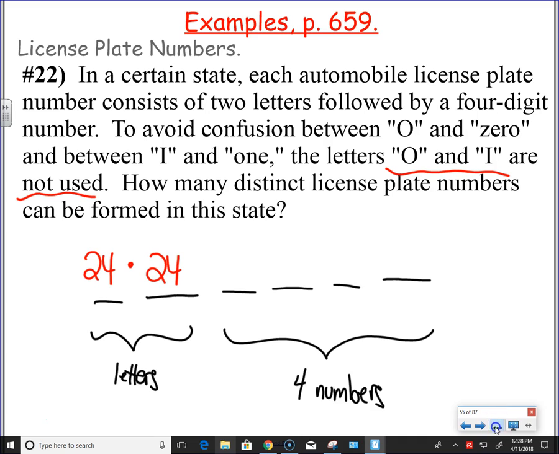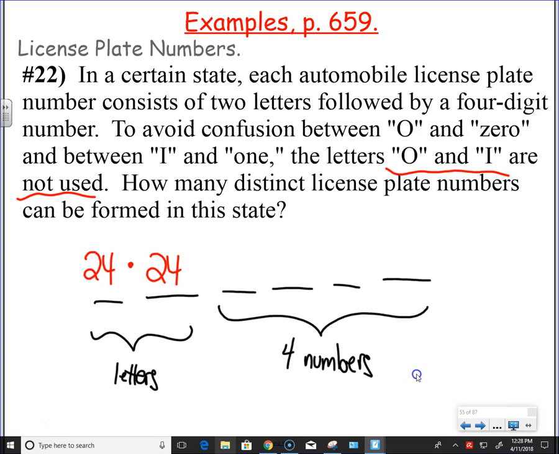Think of this different ways. Let me show you the easy way first. The easy way is to think about them single digit at a time. How many single digits are there? Careful. Why 10? 0 through 9.